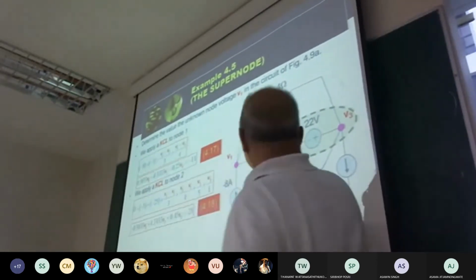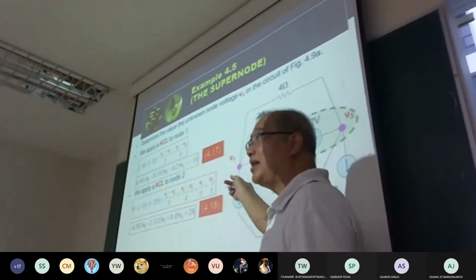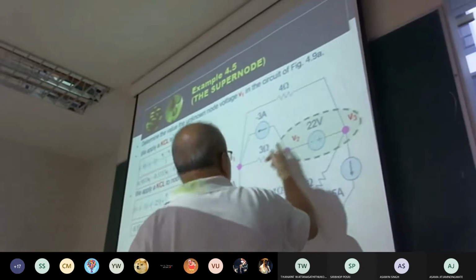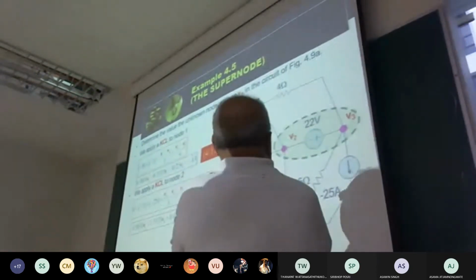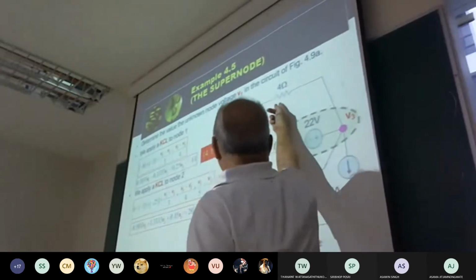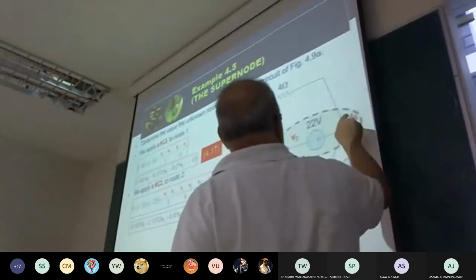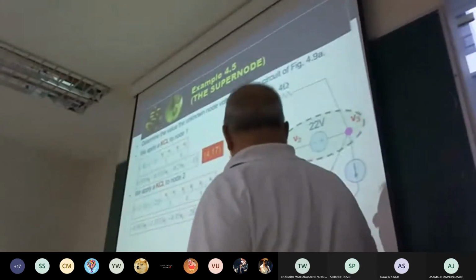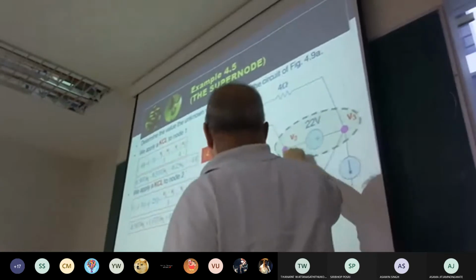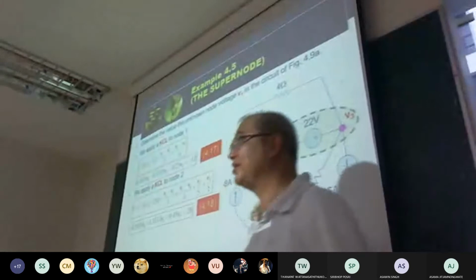Now here (V2 minus V1) divided by 3, here (V3 minus V1) divided by 4, this (V3 minus 0) divided by 5, and the last one (V2 minus 0) divided by 1. You get 2 equations.